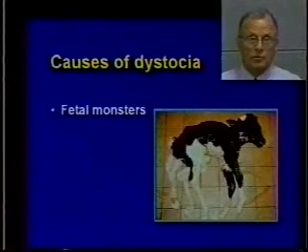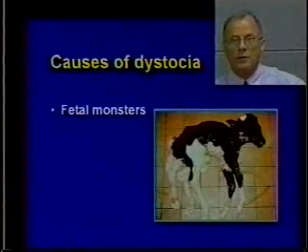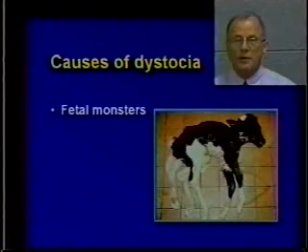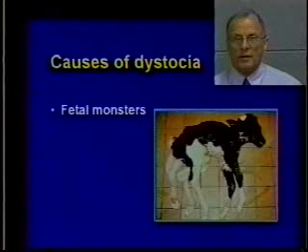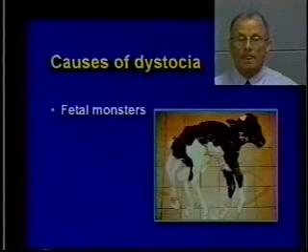And then some rare conditions here, monsters, rare indeed, but here's a calf that has 5 legs and it has 2 heads. This calf has pretty long hair. It's mature, it's made it to term, but it is not so heavy, but as it is large or has strange proportions, it cannot come through the birth canal.